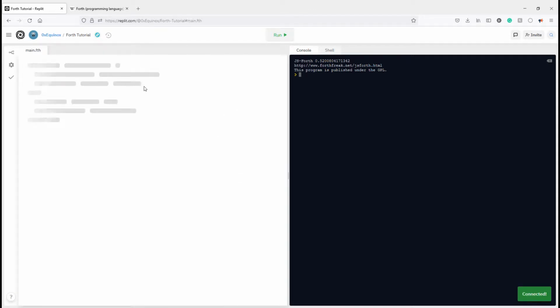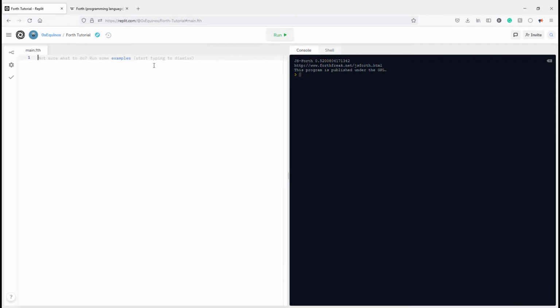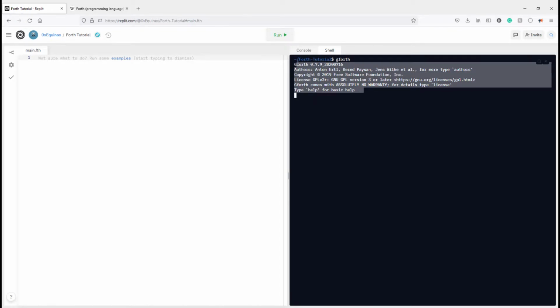We're not going to be using this for now. It's not super important. I'm going to use the shell. Inside of Replit's shell, you can write gforth, which is a shell for fourth that allows you just to write commands right in, which is good for right now.